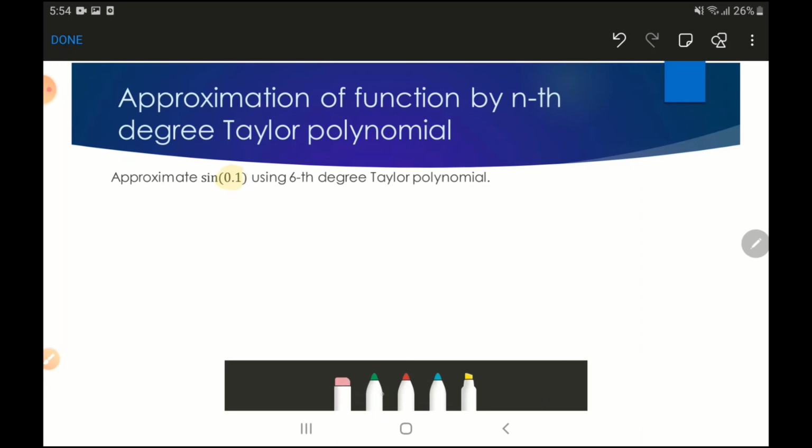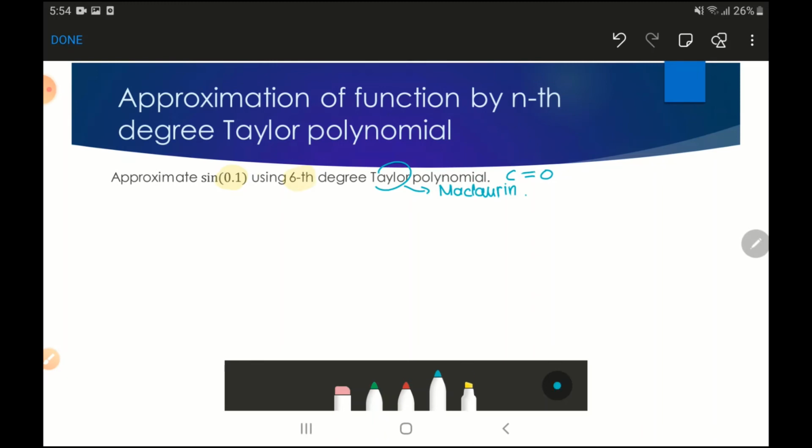So let's take our center as 0. So we actually did a Maclaurin polynomial, because we are asked to use 6 degrees, so we don't have to expand it until infinity. We're going to expand only until the power gets to 6.